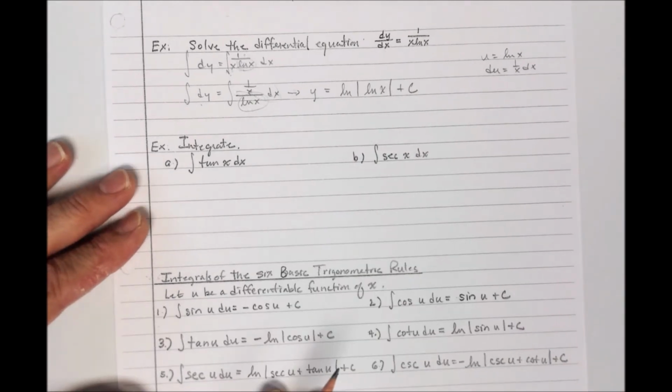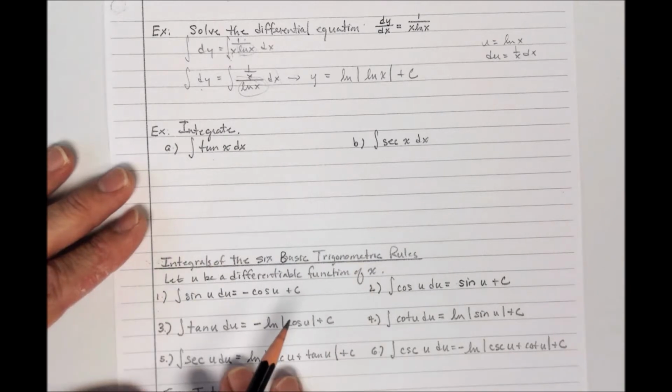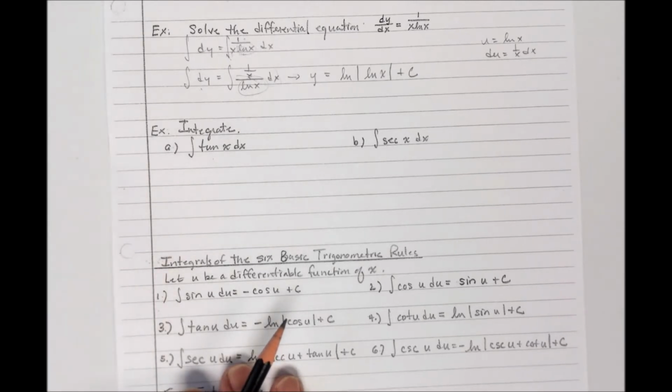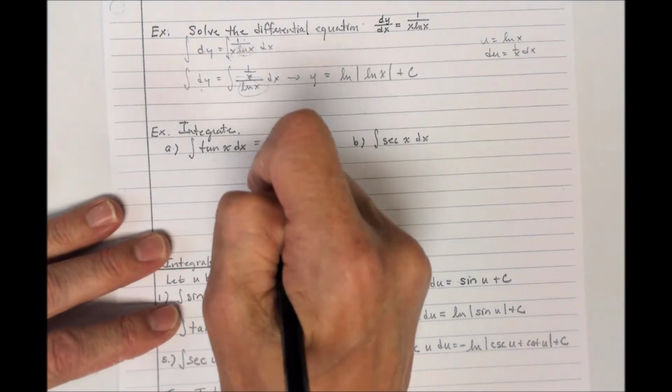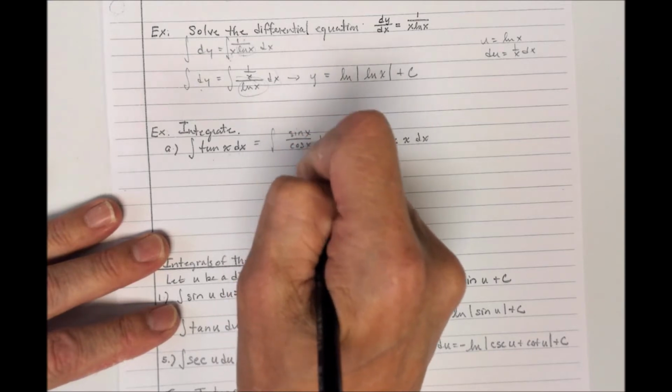Kind of weird. Now, this problem here, we do know how to find the derivative of the tangent of x, but we don't have one for the integral of the tangent of x. And that's a little tricky at first until you start thinking about what the tangent of x is. I make a substitution and rewrite this as the sine of x over the cosine of x dx.